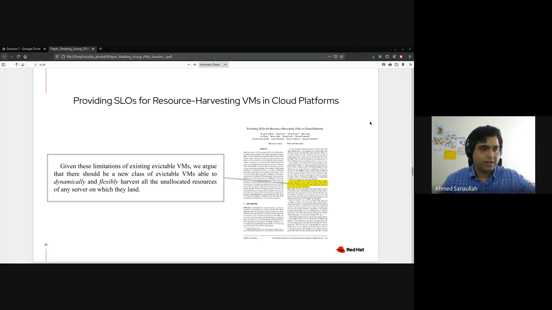And the key word here is harvest. Now, I didn't know what resource harvesting was. But when I read this sentence, I'm like, yeah, it's a basic evictable VM. It's a VM that's being spun up so that it can use the resources that are sitting idle.